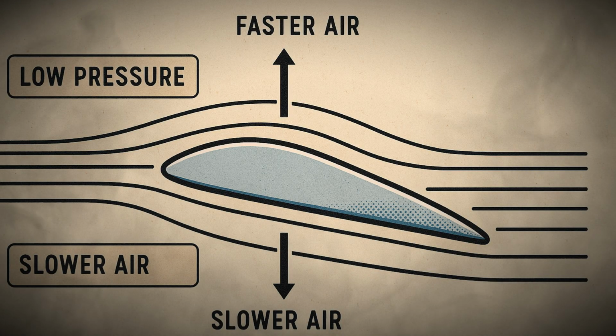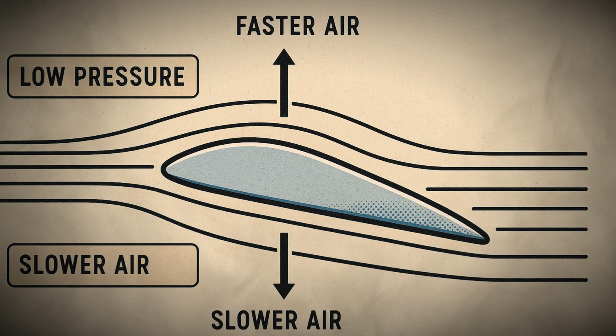Despite these variations, the fundamental structure of wings, fuselage, and tail remains consistent because it provides the optimal solution for controlled flight. In conclusion, the structure of an airplane is a masterpiece of engineering where every part has a purpose.